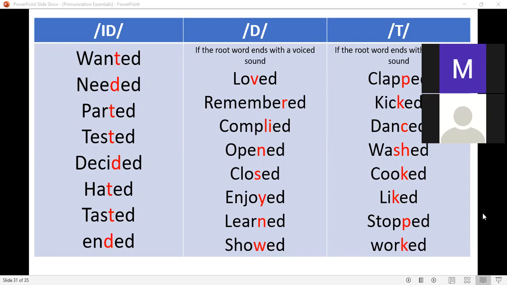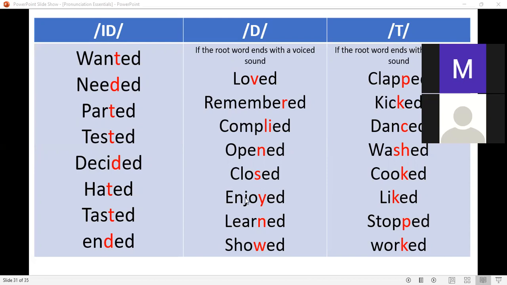Wanted, needed, parted, tested, decided, hated, tasted, ended, loved, remembered. We don't have to say complied, la, it's law, loved, remembered, complied, opened, closed, enjoyed, learned, showed, clapped, kicked.